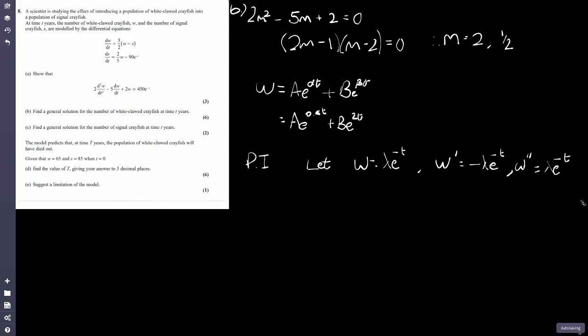Okay, so we've got our derivatives now. Now we just need to substitute into the equation.